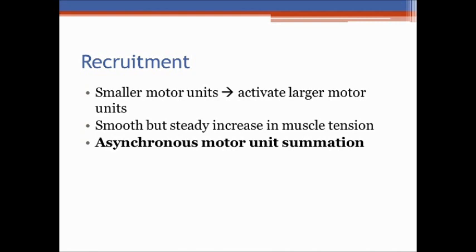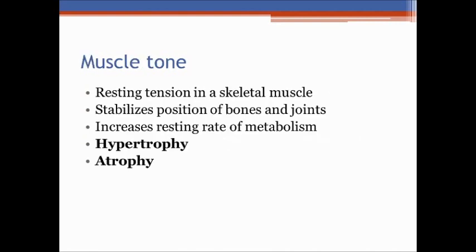Recruitment is when smaller motor units activate larger motor units and causes a smooth but steady increase in muscle tension. We also have asynchronous motor unit summation. During recruitment, you have multiple motor units that are activated, but they don't all activate at once, so that they can't all fatigue at the same time.